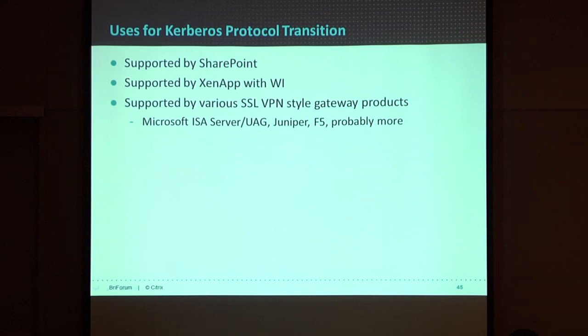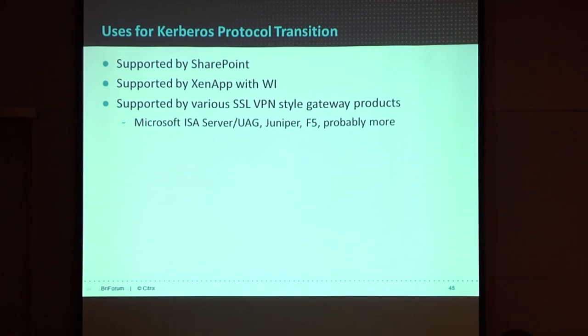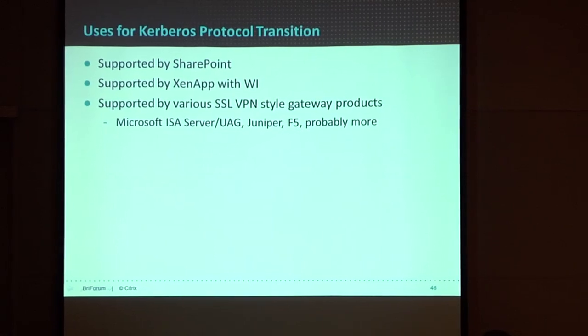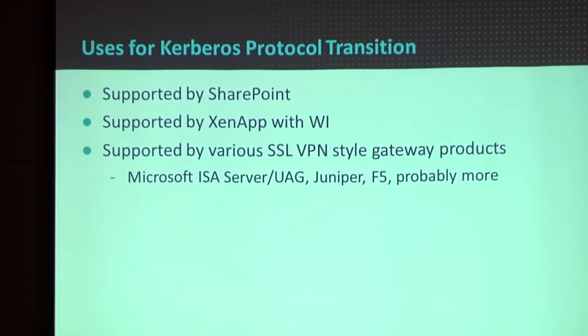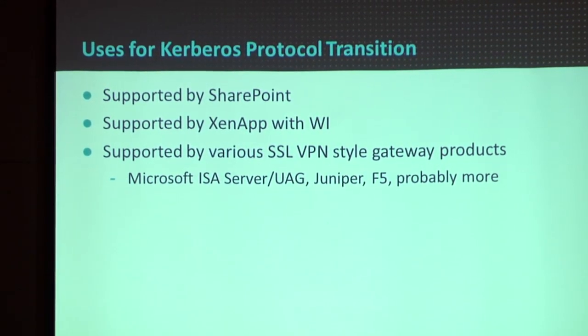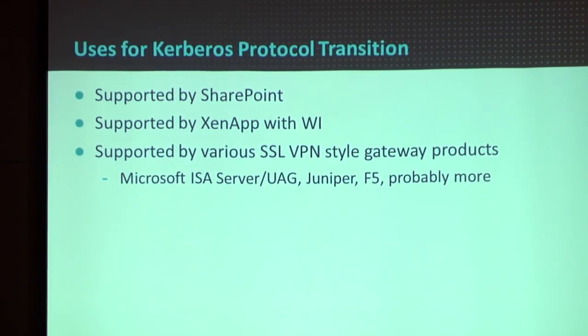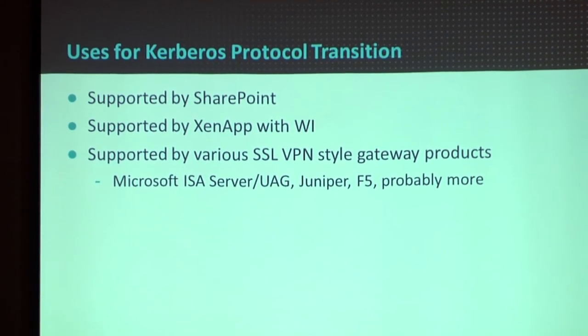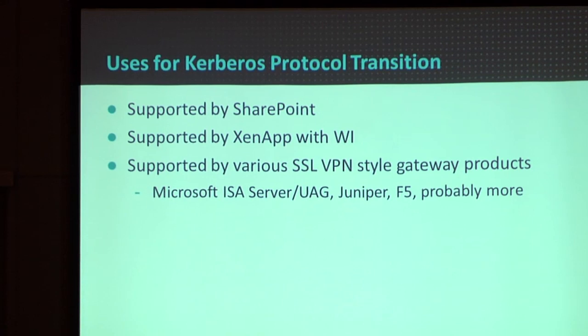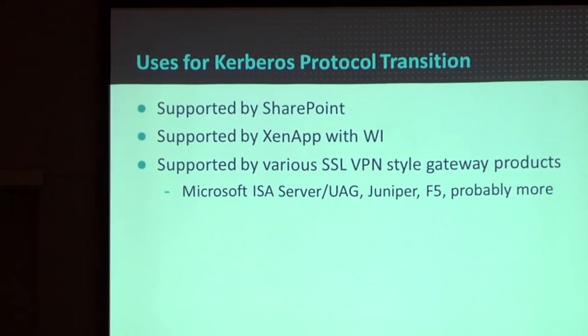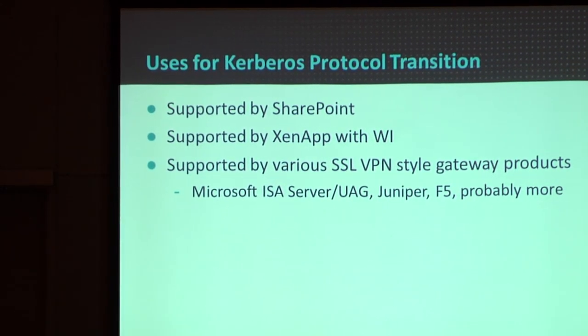I know customers, for instance, who have a business-to-business federation, and they'll have, say, a Juniper device at the perimeter, which is the only device trusted to take the SAML token from the external party, and it will convert it to Kerberos tickets at that point. They're trying to make things like Windows applications they have published accessible to these third parties, and that is possible using something like Web Interface behind the Juniper doing this protocol transition.